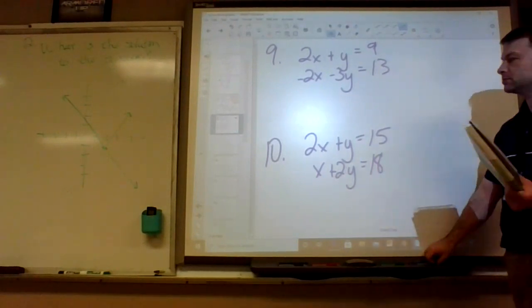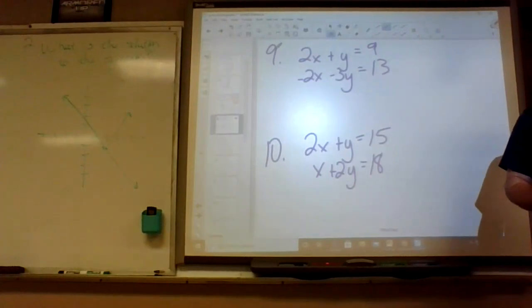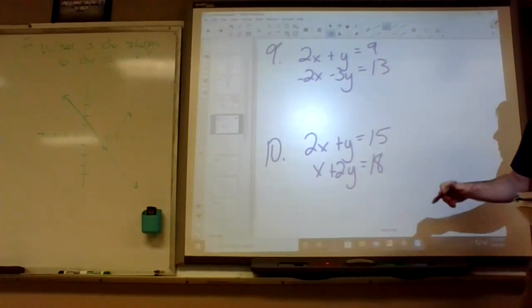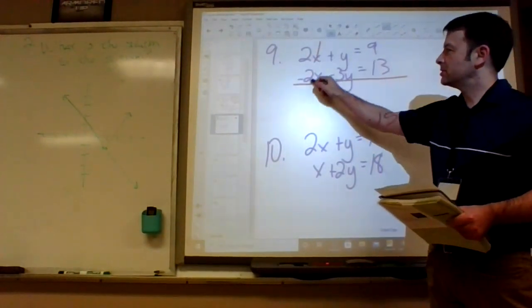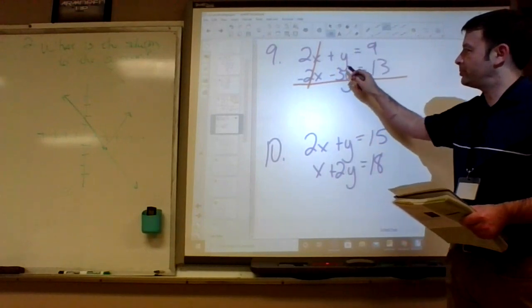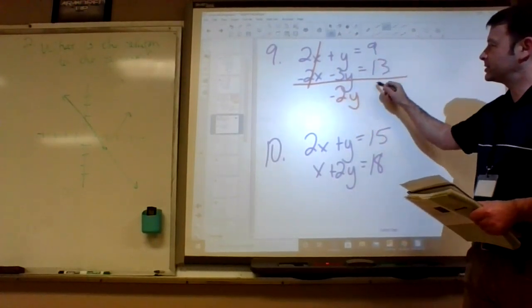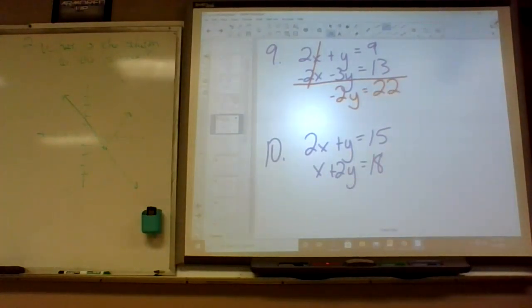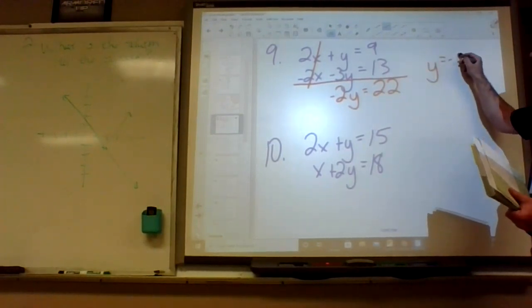Can't you just add them? Yeah, on number 9, you can just add them together, right? Because I would get rid of the x's. So 1y plus negative 3y is negative 2y. 9 plus 13 means y is negative 11.